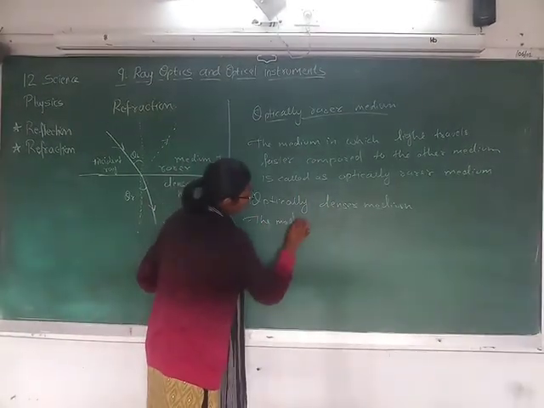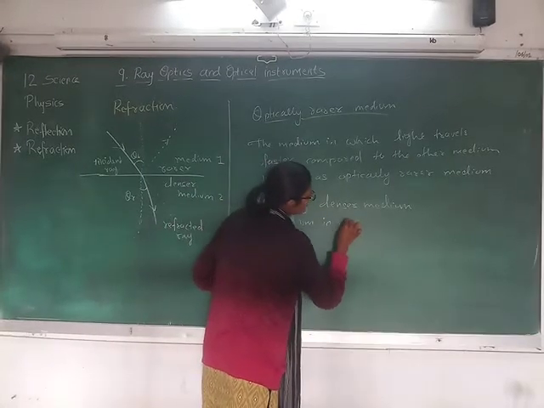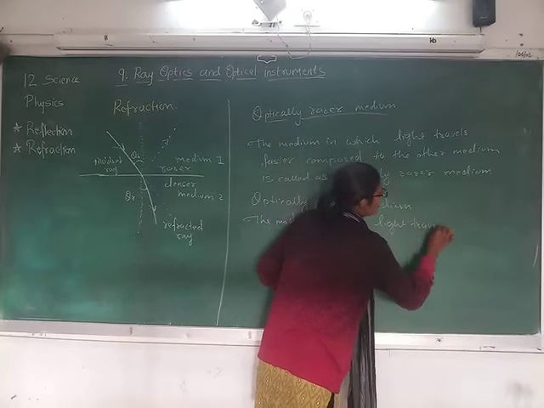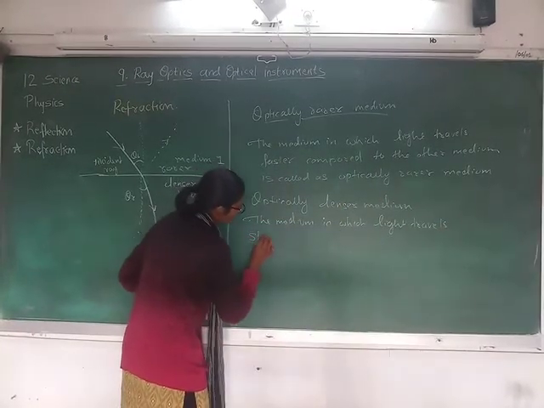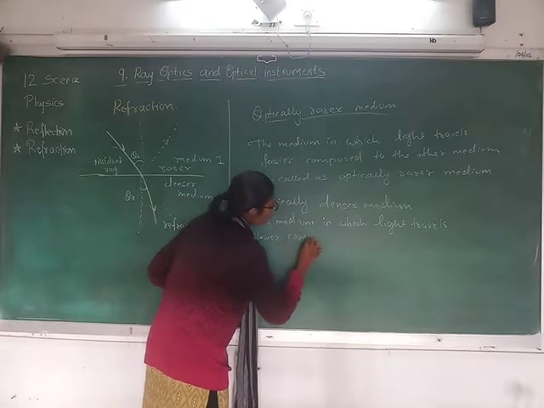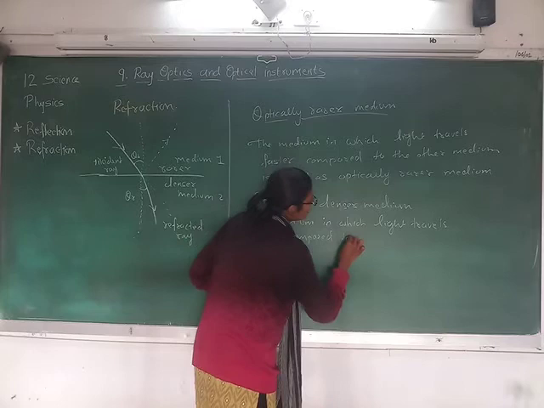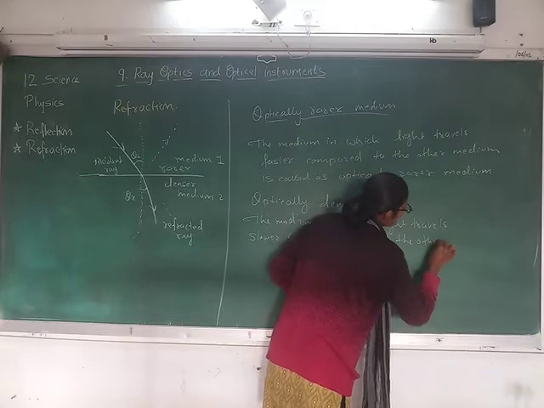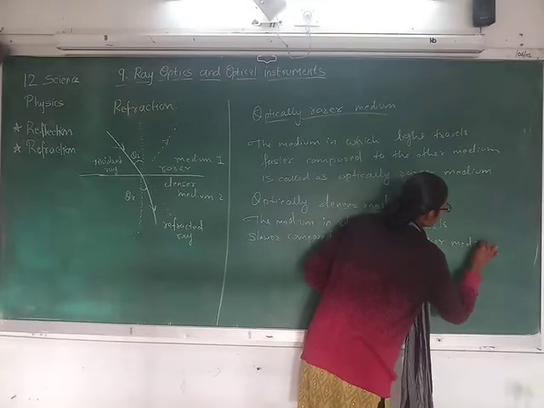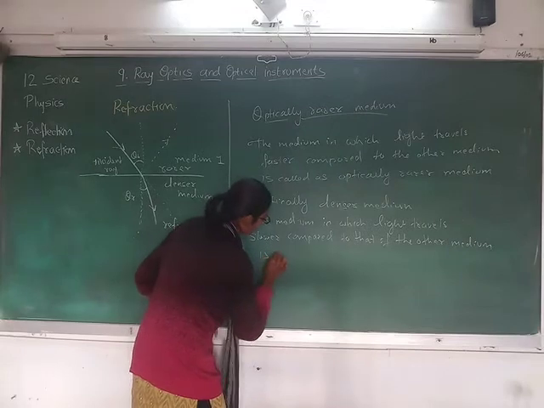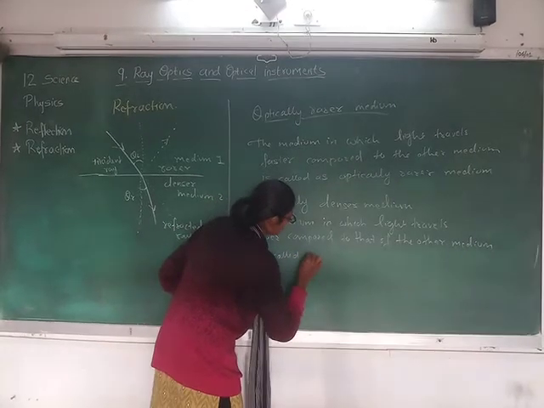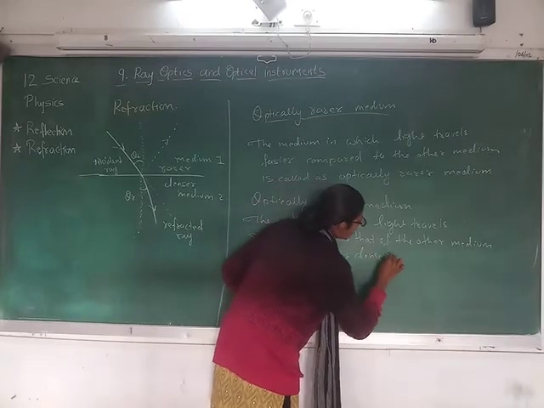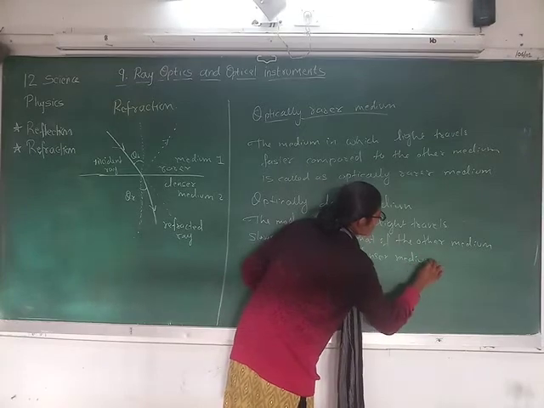The medium in which light travels slower compared to that of the other medium is called optically denser medium.